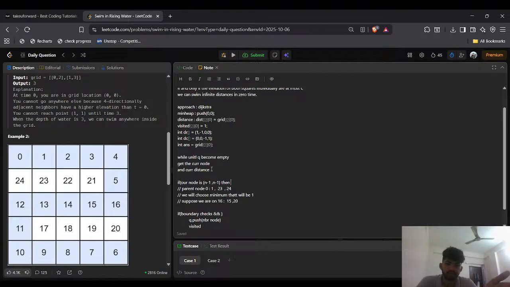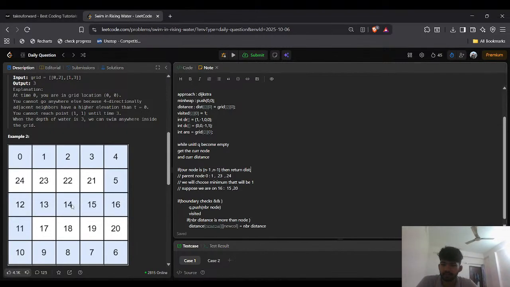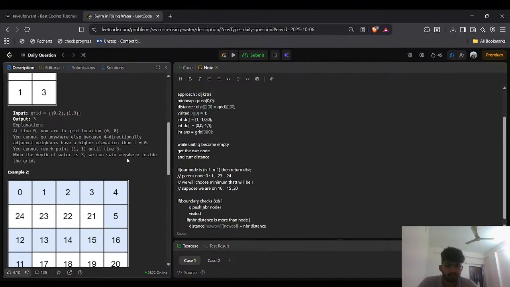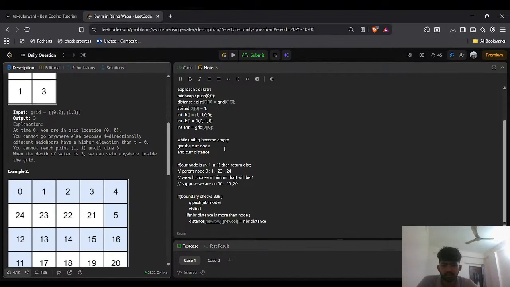If our node is n-1, n-1, then we can just return the distance we got. And if we can't reach it, return the minimum until the bottom. Okay, we have something at least.